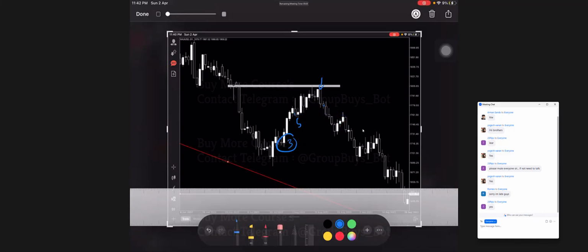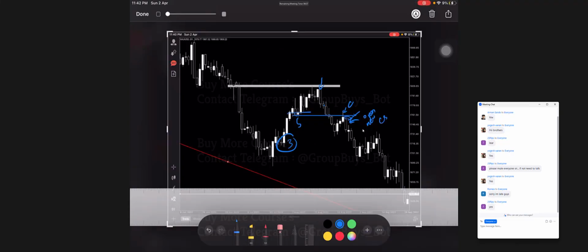Sorry, I will draw like this. Close. Open. New candle. So you will re-entry here because this level already broke out.